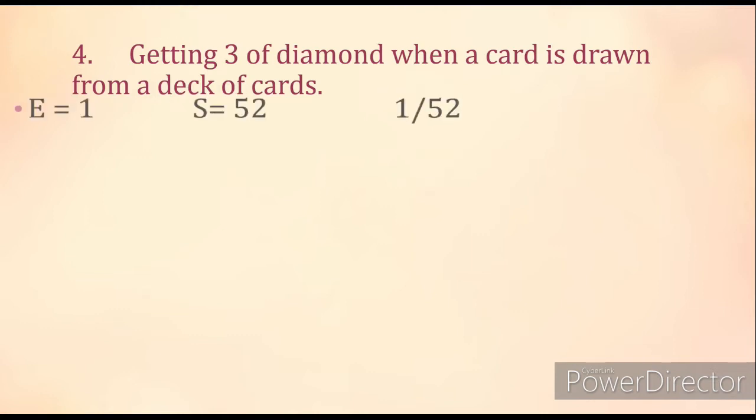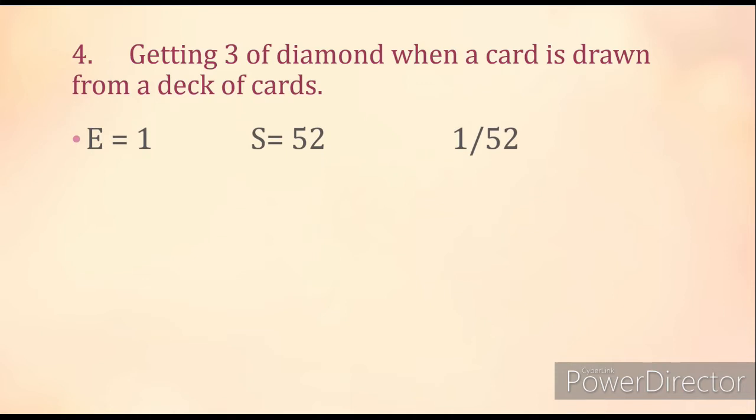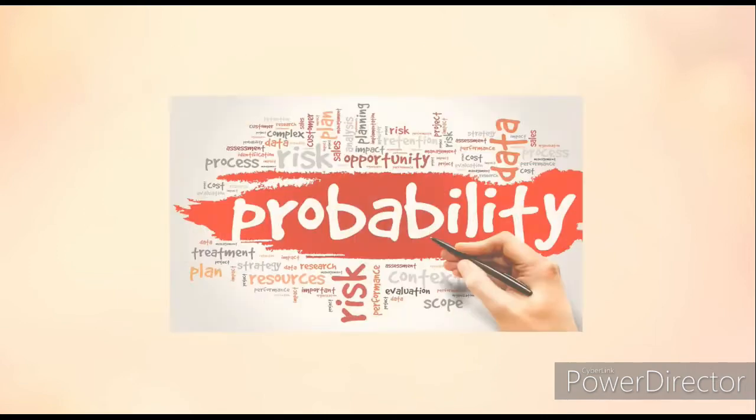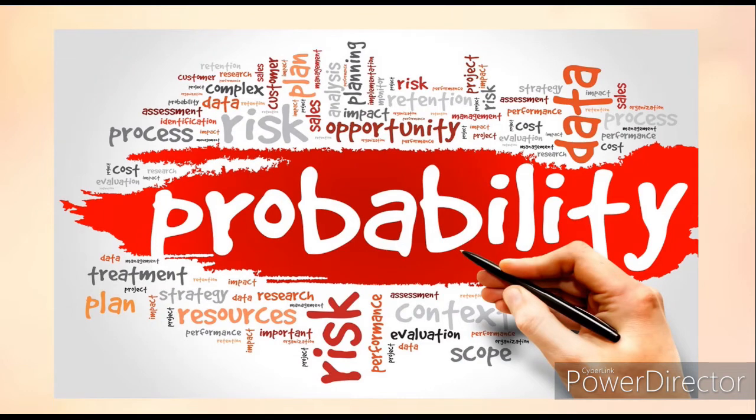If you answer 1 over 52, you are correct. 5. Getting a queen when a card is drawn from a deck of cards. If your answer is 4 over 52 or equal to 1 over 13, you got it correct. So that's our review.